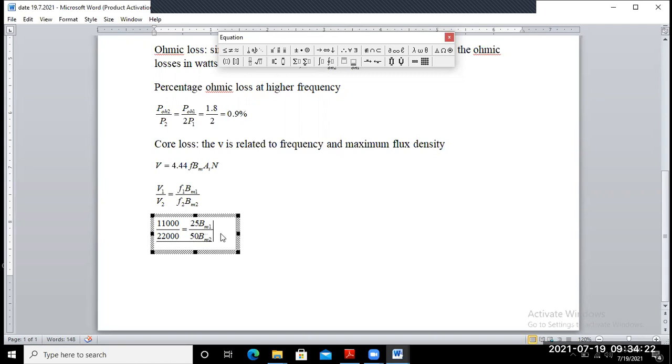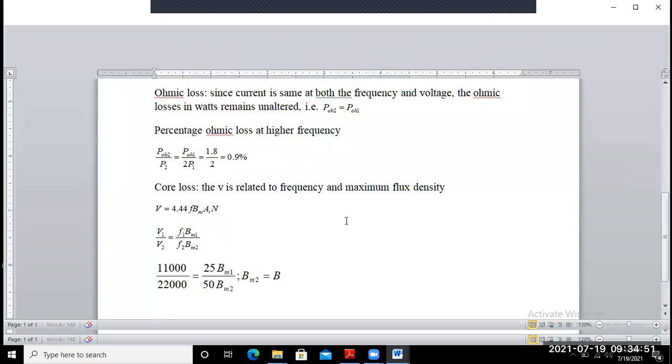That means Bm2 equal to Bm1, is it not? So the maximum flux density Bm2 equals Bm1.